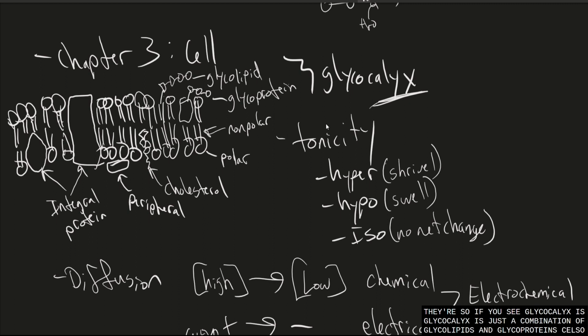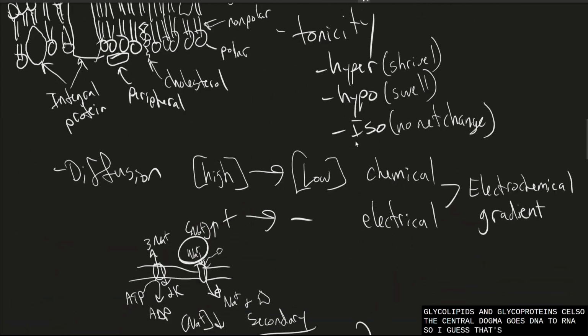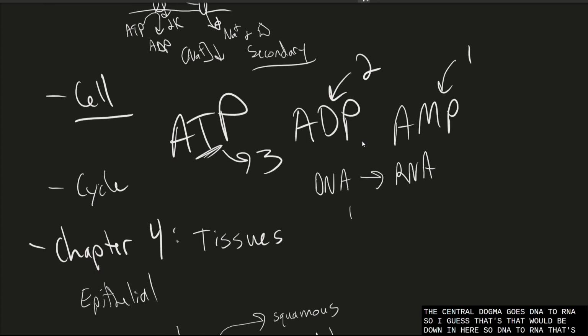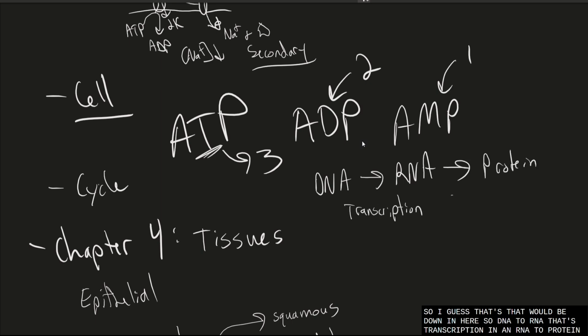So the central dogma goes DNA to RNA, that's transcription, and then RNA to protein, which is translation.